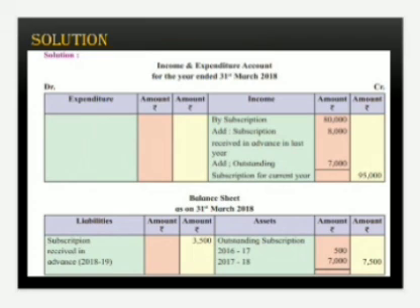Then under the balance sheet, on the asset side, outstanding subscription 2016-17, rupees 500 we have written. Now this amount is nothing but the difference between 1,500 and 2,000, that is 500, which is still outstanding.